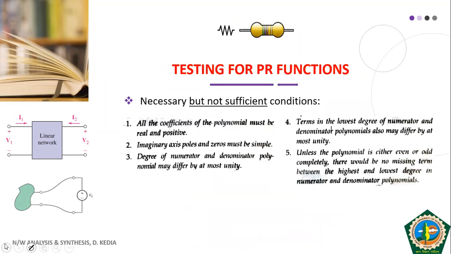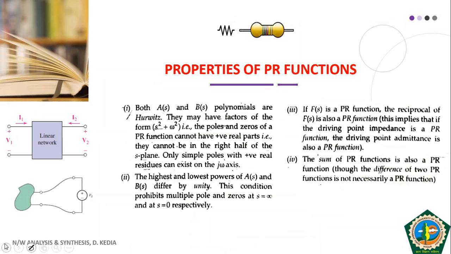So what we have to do? We have to first know about the properties of PR function. Though we have talked about a few things in the previous slide also, the first property is that if a given function is a positive real function, then both A(s) and B(s) are Hurwitz polynomials. Then the highest and the lowest power of A(s) and B(s) differ by unity.